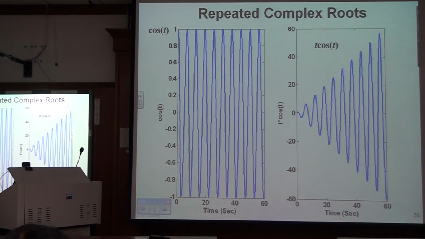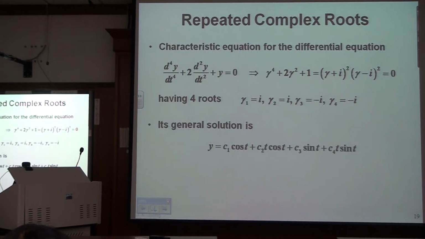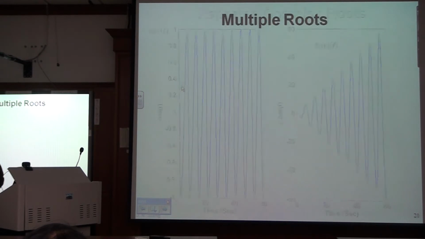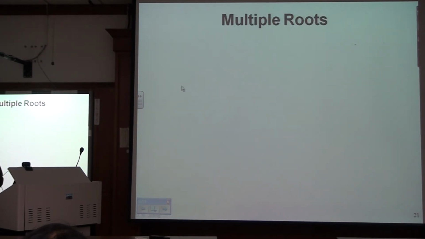Now, you might ask, do we have a system with a fourth power of this? Any system with fourth power of this? Well, the answer is yes. All right, now let's look at multiple roots.